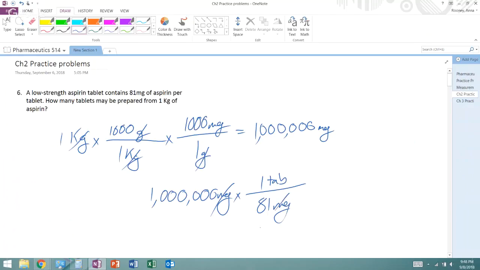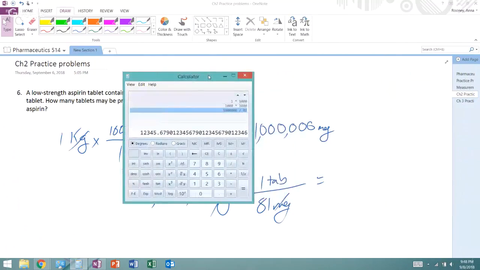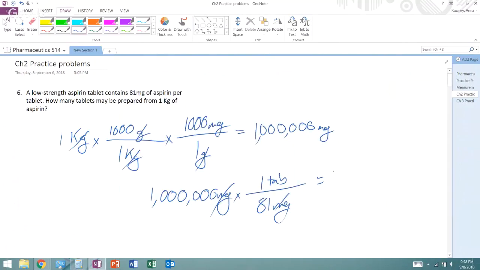And so then these two cancel out, and then we just find tabs. So 12,345 tabs that we can make. So there you go. There's your answer right there.